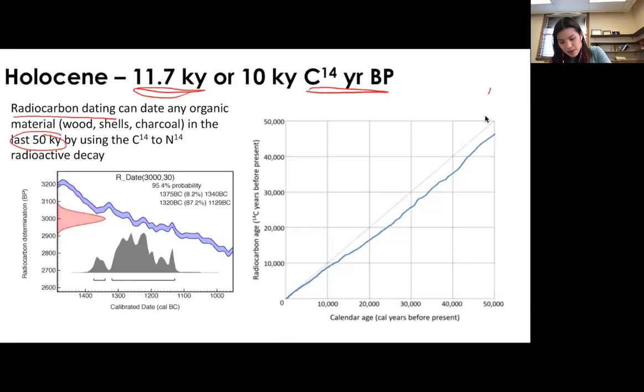Particularly in the lower right here, this light blue line would be a perfect 1-to-1 match between the calendar age and the radiocarbon age. And you can see that for really past a couple thousand years ago, the radiocarbon age tends to be a bit younger than the calendar age actually is.